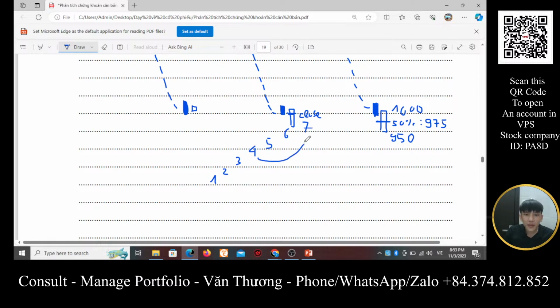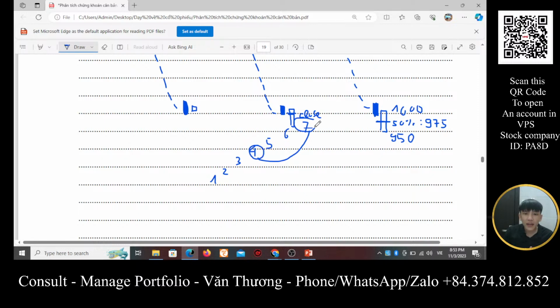So the follow through day usually happens in this window. Sometimes the follow through day happens from day 8 to 11, but when it happens late like that, the bull market is not strong enough. The optimal follow through day happens from day 4 to day 7.